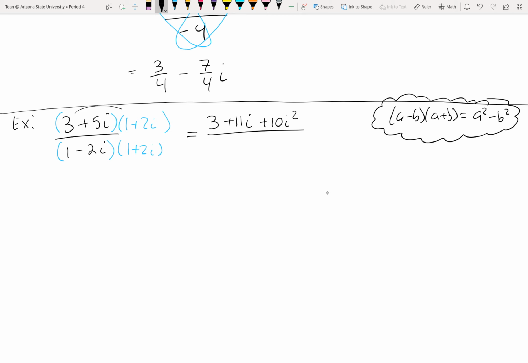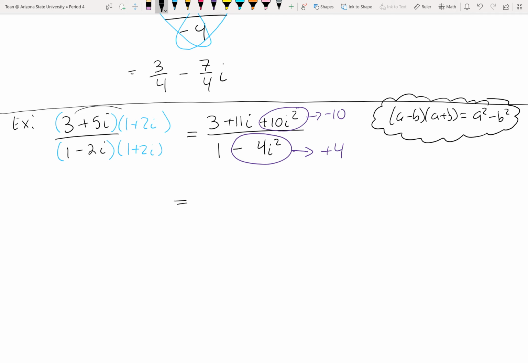I know it's going to be the first guy squared, 1 squared is 1, minus the second guy squared, 2i squared is 4i squared. We all know that i squared is negative 1. So everyone knows that 10i squared is a negative 10. And then a minus 4i squared is going to be a plus 4. Everyone okay with that?